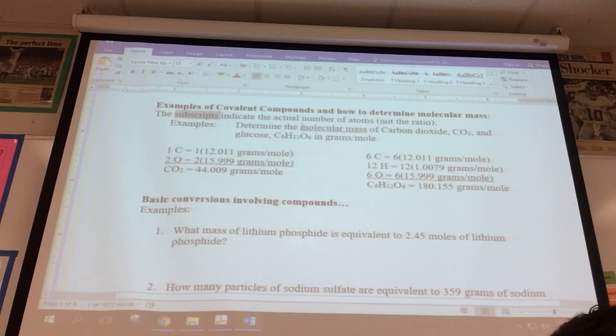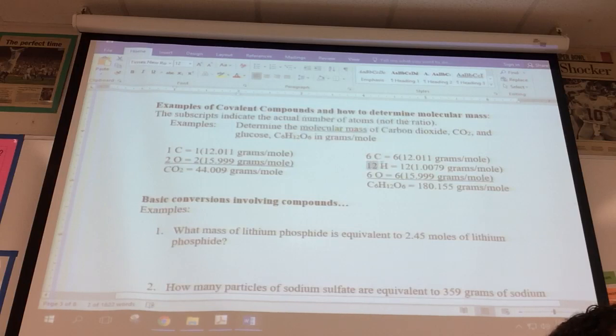So shown here, we've got the molecular mass of carbon dioxide on the left and glucose on the right. And again, carbon dioxide would be 1C and 2 O's, shown here, atom together. For glucose, C6, you have 6 carbon.